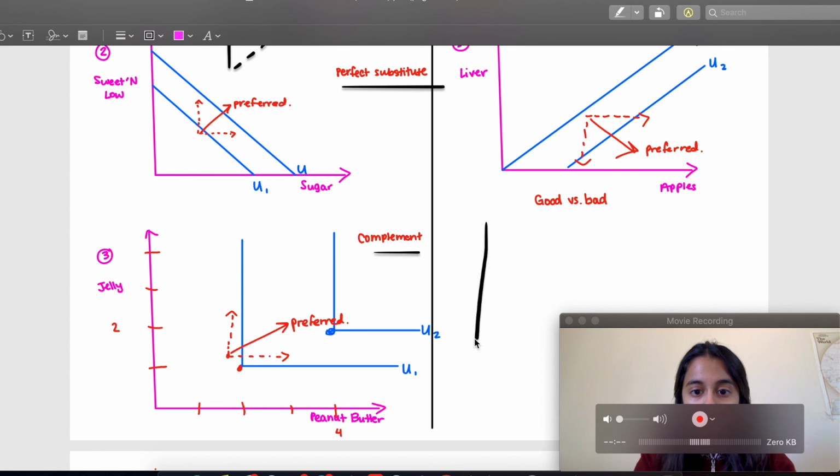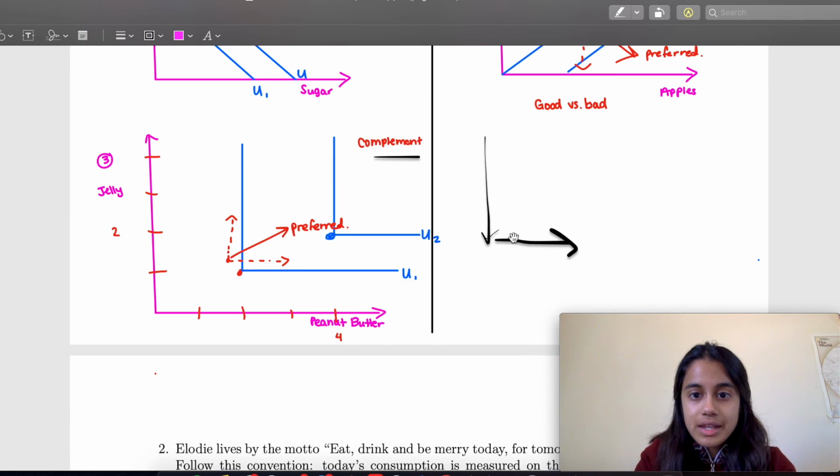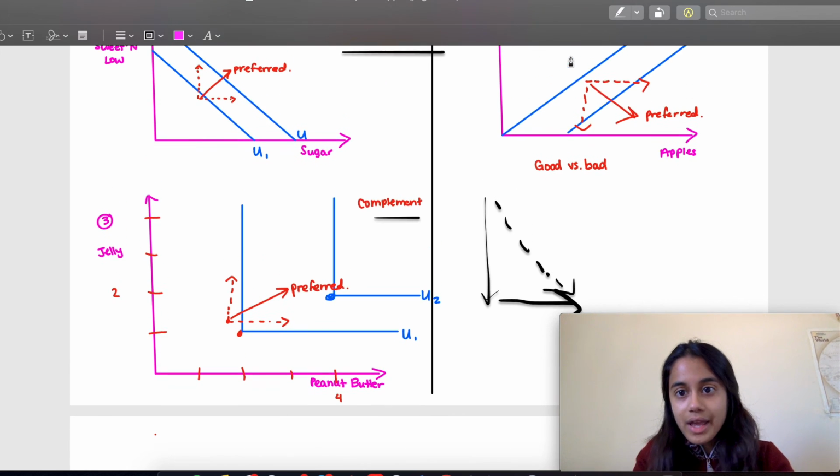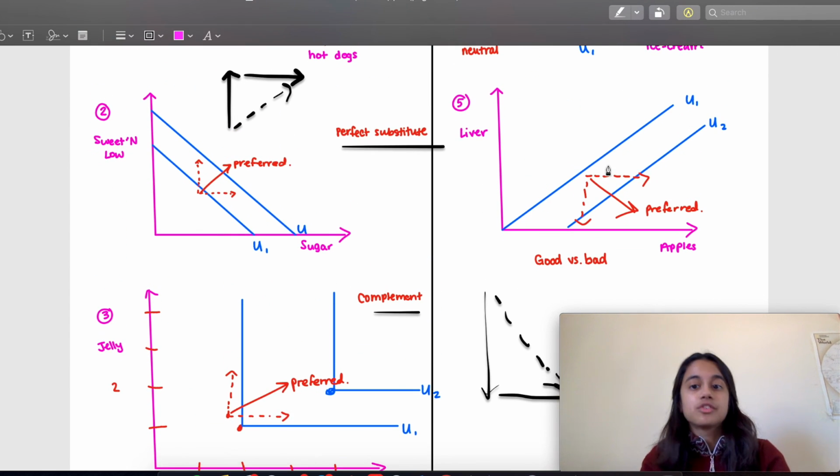I want less liver, but more apples. Now I'm connecting my starting point to the endpoint, and my preferred angle would be this. You get the point. It would be going that way, and that's what my graph shows.